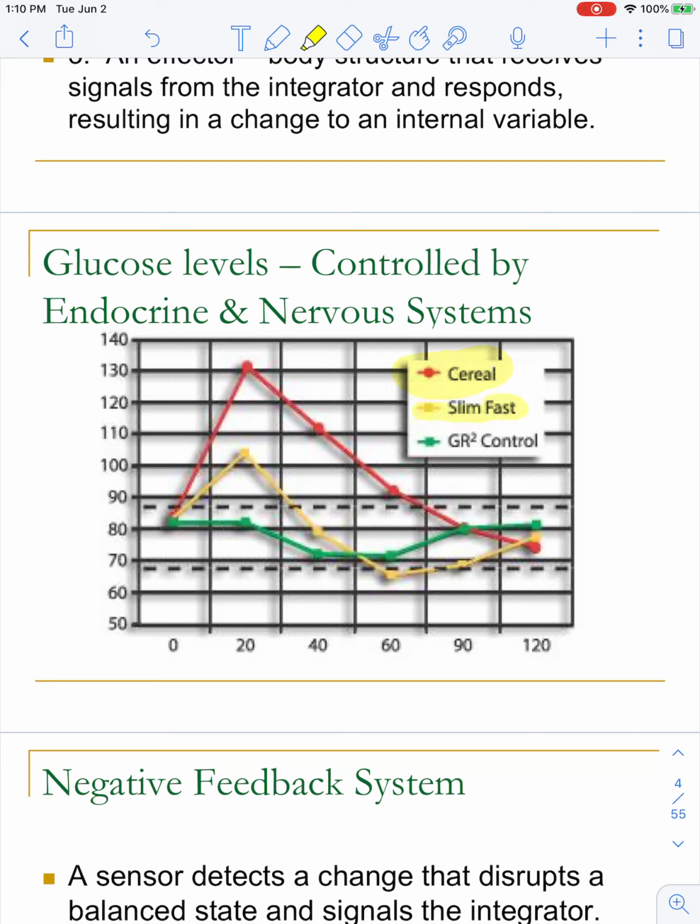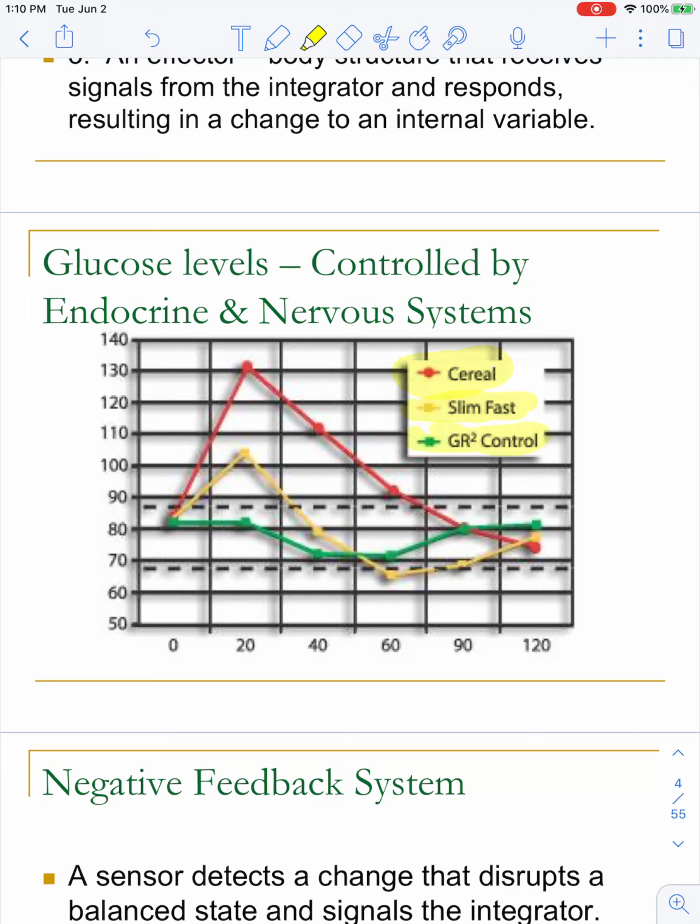And then they're looking at Slim Fast, which I don't even know if it still exists. This used to be a shake people drank to lose weight instead of eating. Yeah. I just think it was generally very unsatisfying to try and drink something, and it probably left you still wanting some food. So I don't know if it's a thing anymore. And the control is someone who hasn't eaten at all.